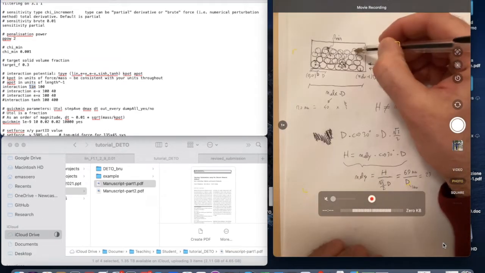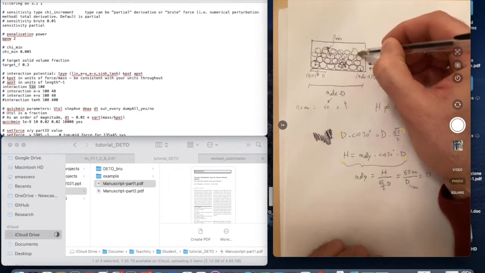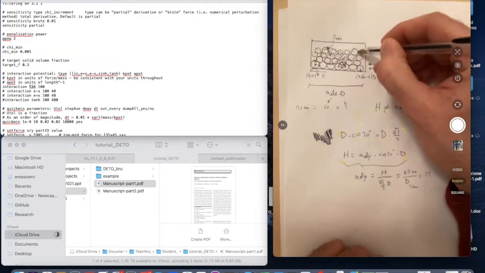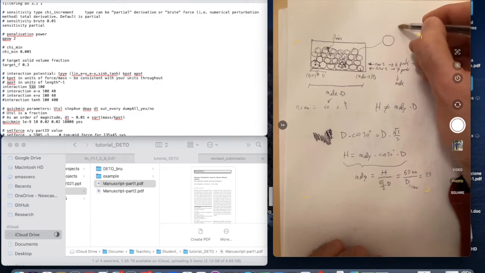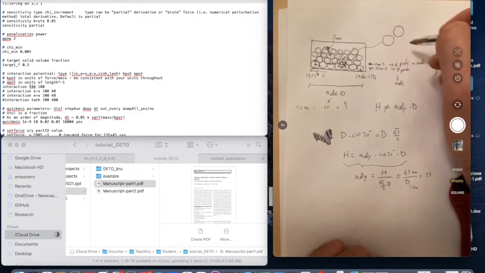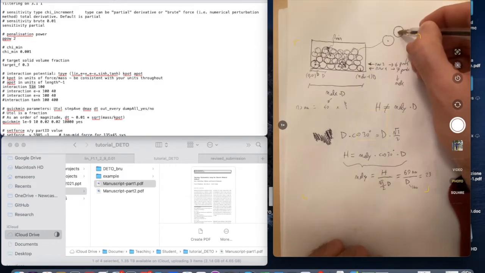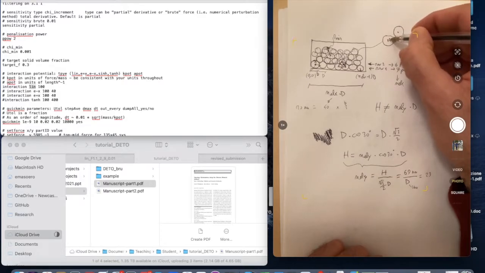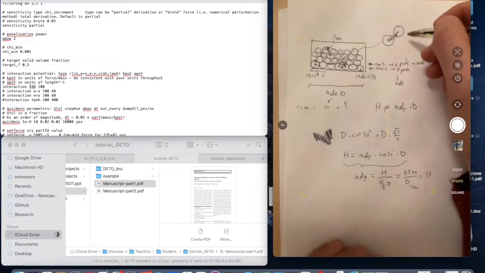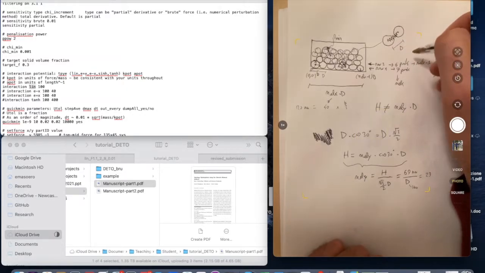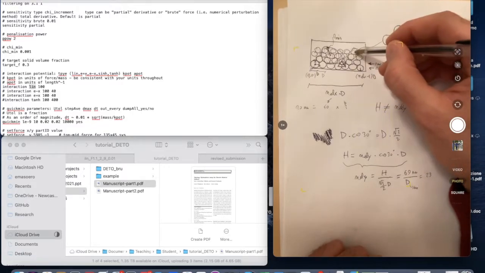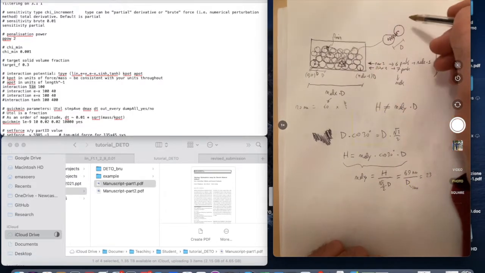If you take any pair of particles in this system here and you zoom on them, these will be two particles here, one next to each other. The linear potential is assuming that these two particles are connected by a linear spring. What does it mean? It means that the particles initially have a distance equal to d, the diameter, because they are touching, tangent to each other here.